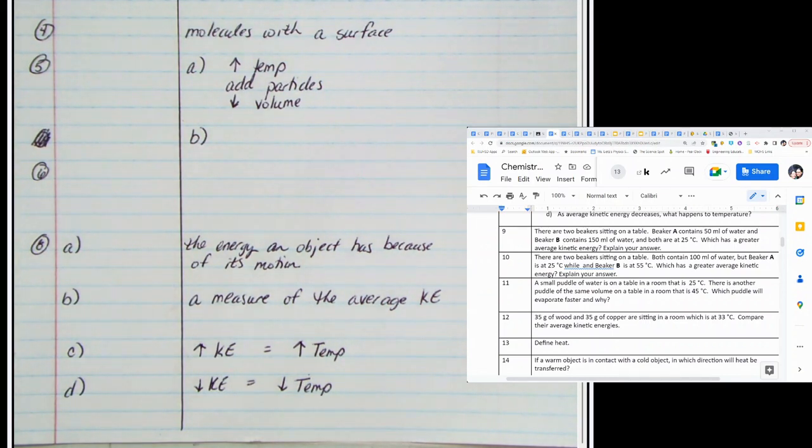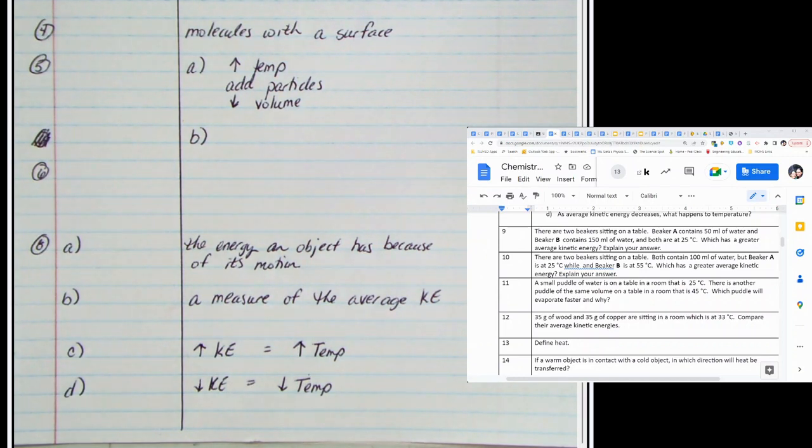For 11 and 12, we are still continuing with the concept of average kinetic energy and temperature and how they're related. Number 11 says a small puddle of water is on a table in a room that is 25 degrees Celsius. There is another puddle of the same volume, so the same amount of water, on another table in a room that is at 45 degrees Celsius. Which puddle will evaporate faster? Puddle B. Why?